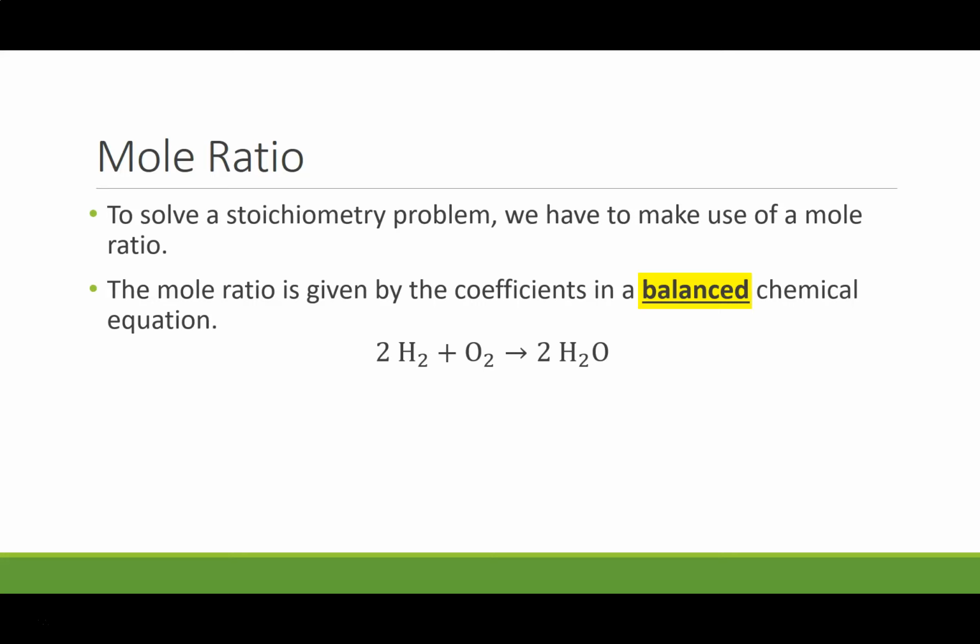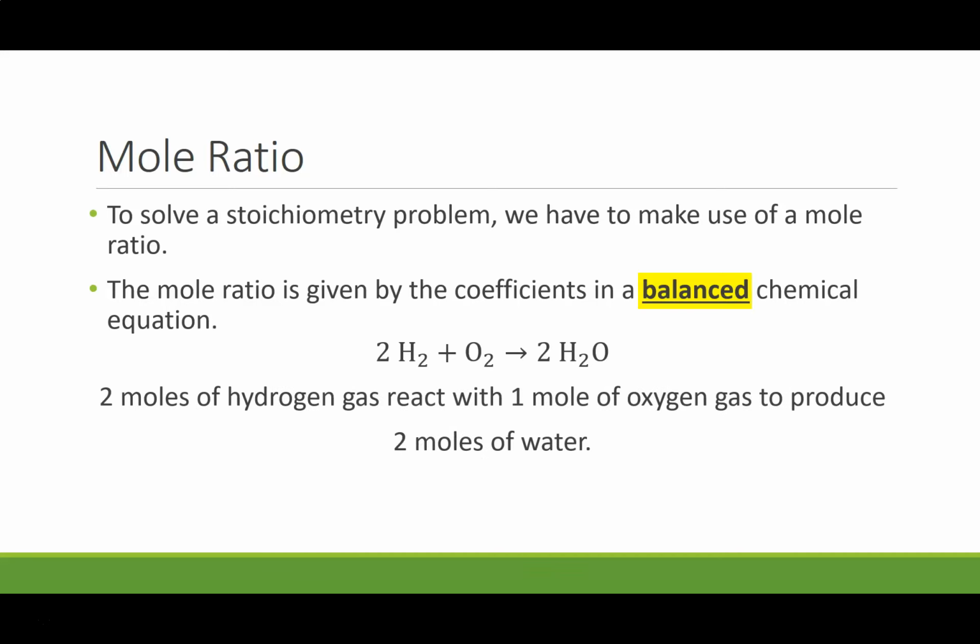We can think of this as saying 2 molecules of hydrogen plus 1 molecule of oxygen makes 2 molecules of water, or we can think of it like this. 2 moles of hydrogen react with 1 mole of oxygen to produce 2 moles of water.